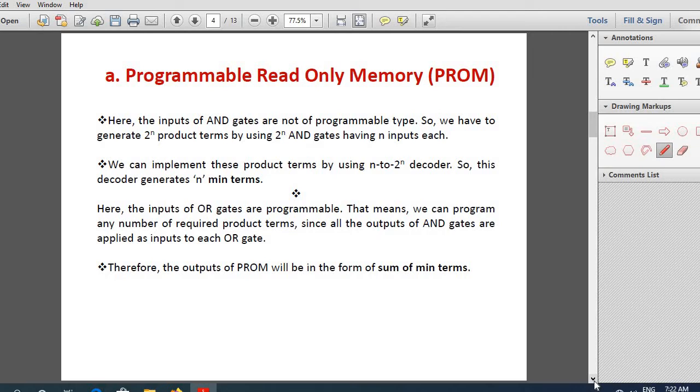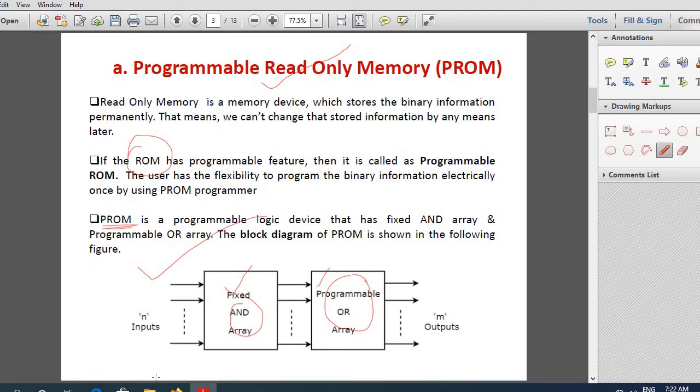So you generally say that with n inputs, 2 raised to n product terms can be formed. So 2 raised to n AND gates are required in the AND array to produce every combination. If n input variables are available, 2 raised to n combinations of inputs are possible. So in order to produce the 2 raised to n combinations of product terms, you need 2 raised to n AND gates.